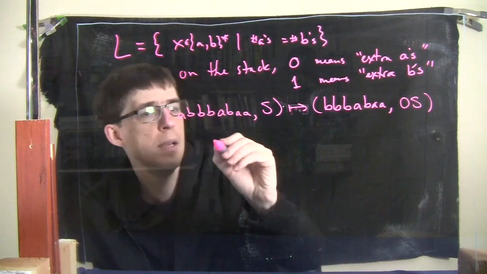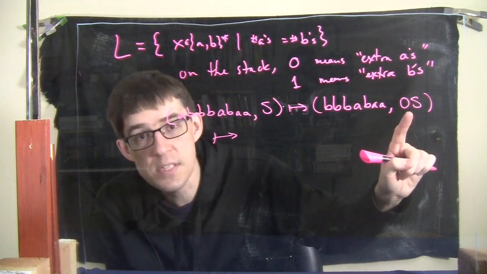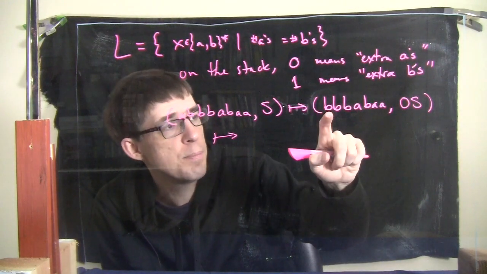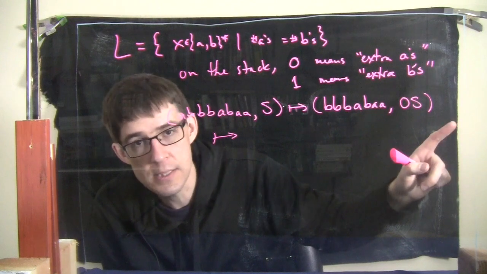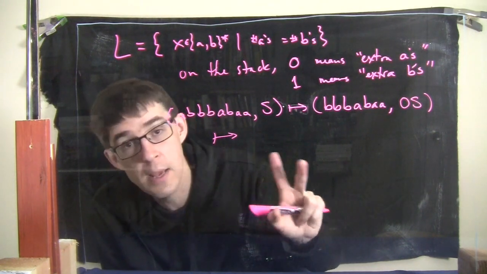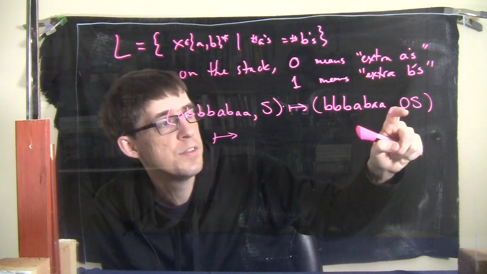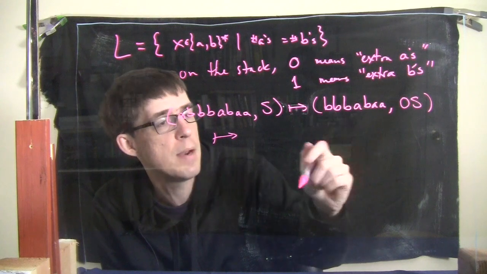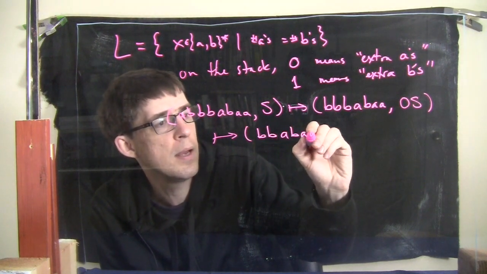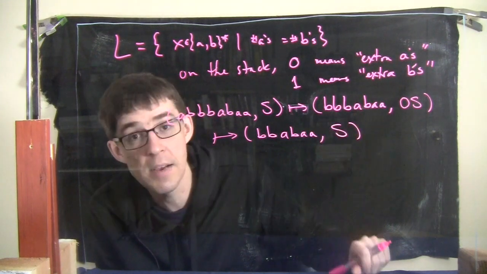All right, next I'm going to read B. Now, this 0 on the stack indicates that I had an extra A, but if I read this B, that should somehow equalize things, right? The first letter I read was A, and then I read B. That's 1 A and 1 B, which is equal. So the 0 represents an extra A, but I just read a B. After you read this B, it just cancels that 0, and I have S again.